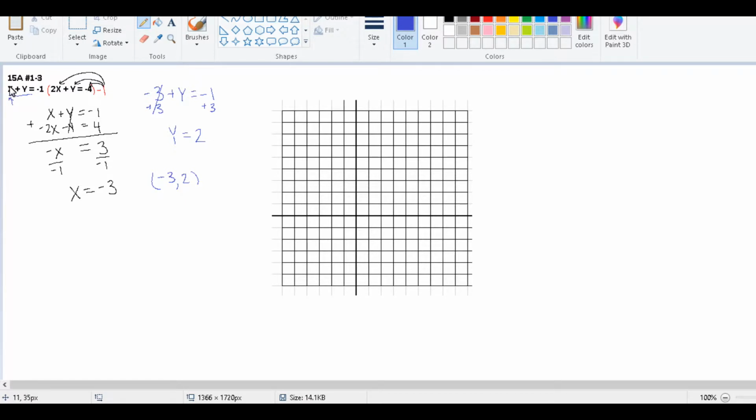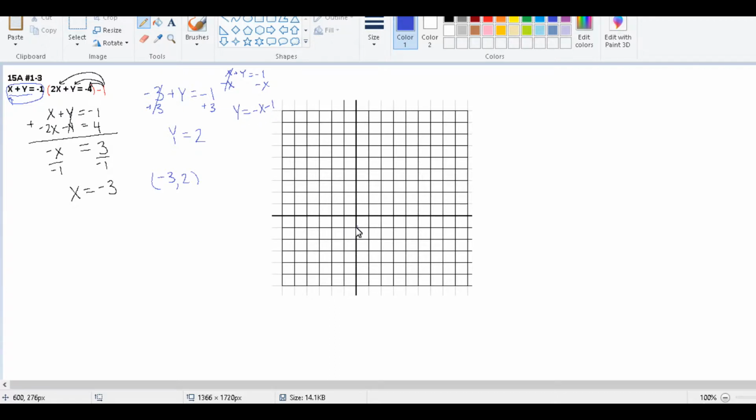I'm going to graph this one first, and when I do that, it would be easier if it was in slope-intercept form. So all I have to do is subtract x from both sides. So I have x plus y equals negative 1. If I subtract an x from both sides, I now have y is equal to negative x minus 1.